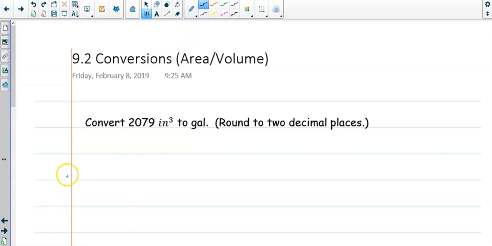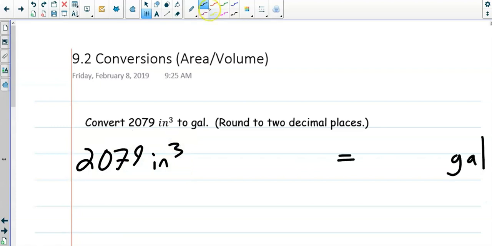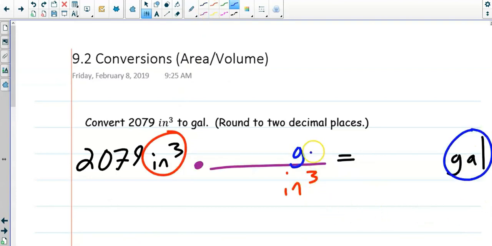Okay. So we got 2,079 inches cubed. We want to take this into gallons. So again, find that unit fraction where inches cubed will go on the bottom. Gallons, because that's what we want, goes on the top. So let's go find that information.